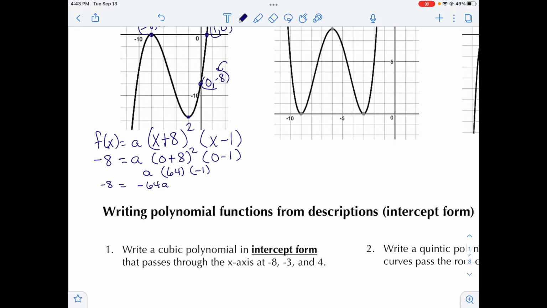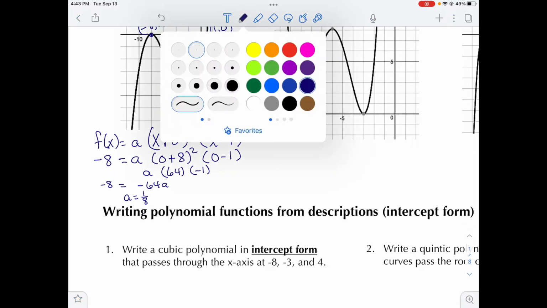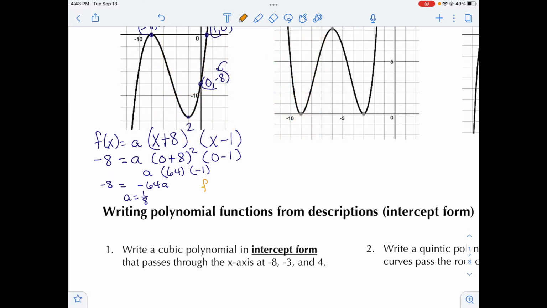And then when I divide by -64, I end up with a being 1/8. Now I can rewrite, because I want it in the intercept form, f of x would be equal to 1/8, and then x plus 8 squared, and x minus 1.